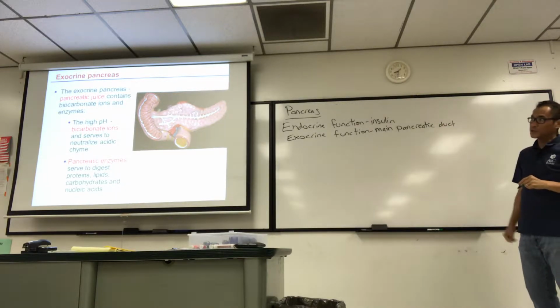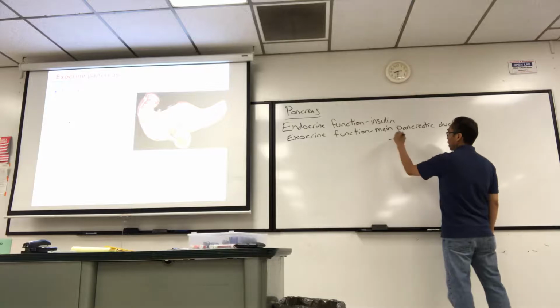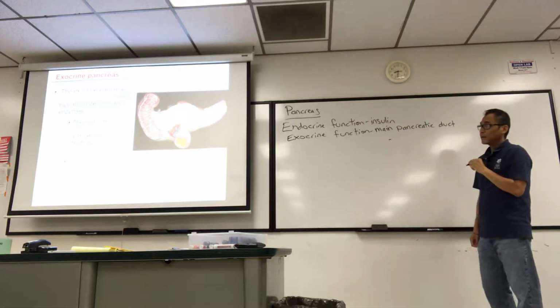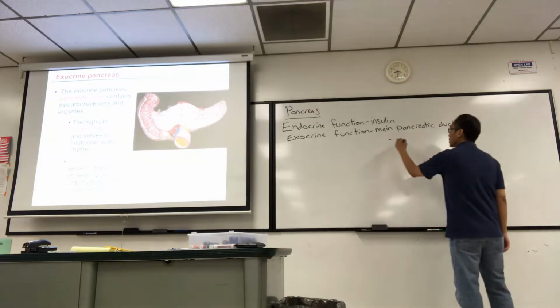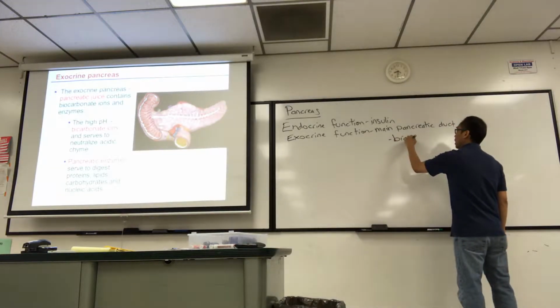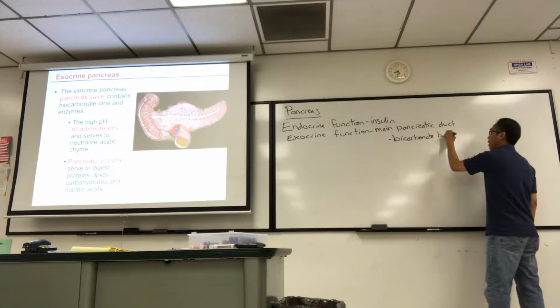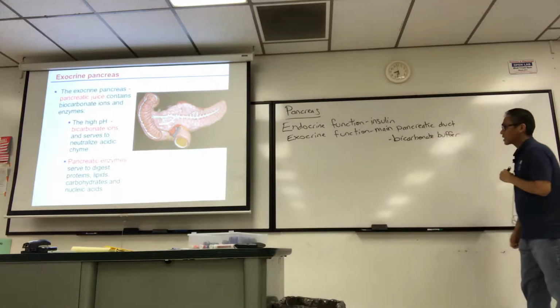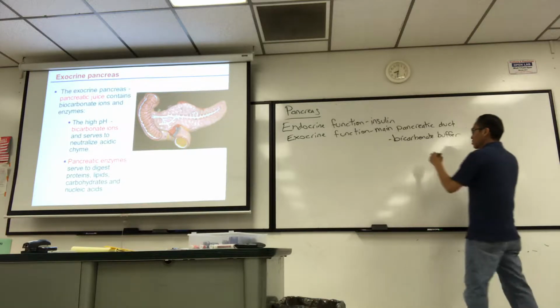And those are the secretions, kind of a mix of those two things. So down the duct you'll get bicarbonate-rich watery juice. It'll buffer the acid that's coming from the stomach, and enzyme-rich juice.